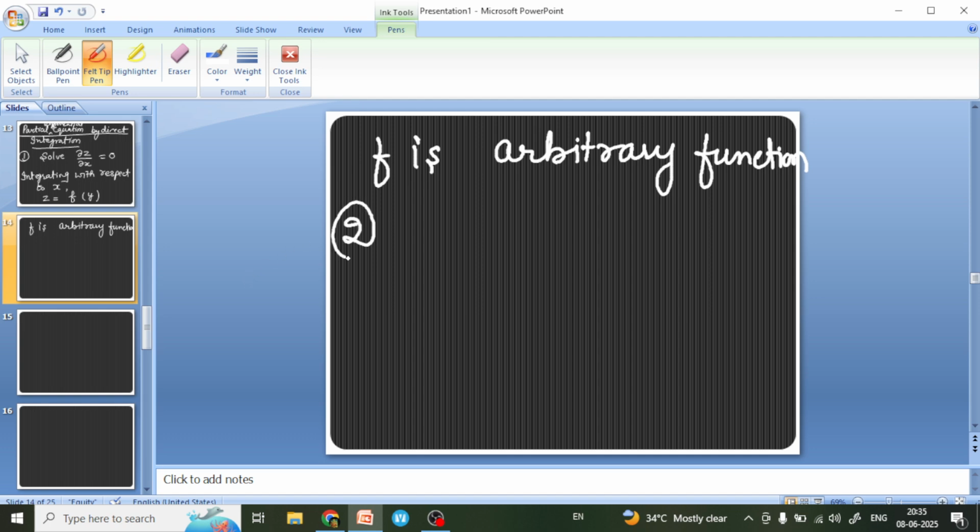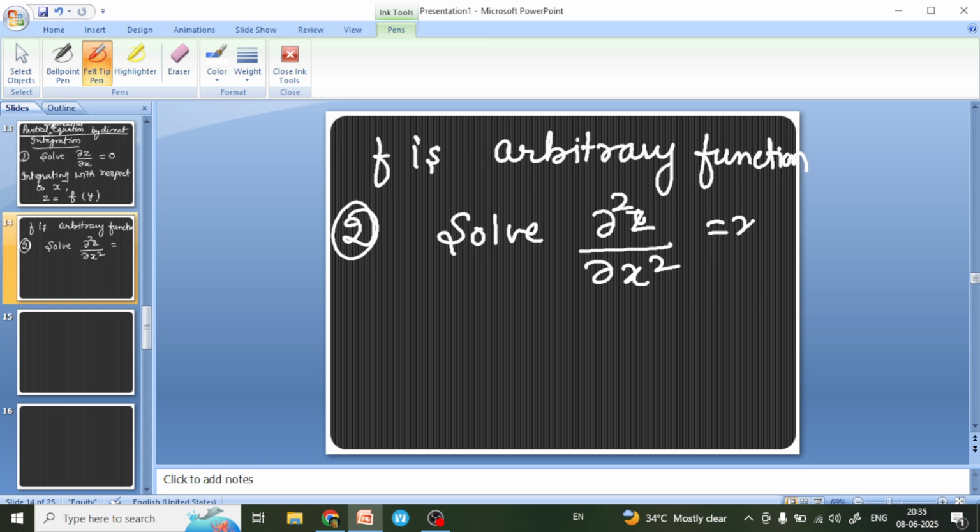You can take another example. Solve the second derivative of z with respect to x, that is d square z over dx square, equal to xy.